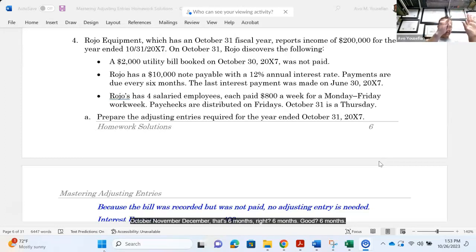That's 6 months, right? We're good? 6 months. And do it again. Go over the date. It says June 30th, so June is not included. One more time. July, August, September, October, November, December. 6 months. So you double check that and then you do your math, okay? So let me turn off the camera now.